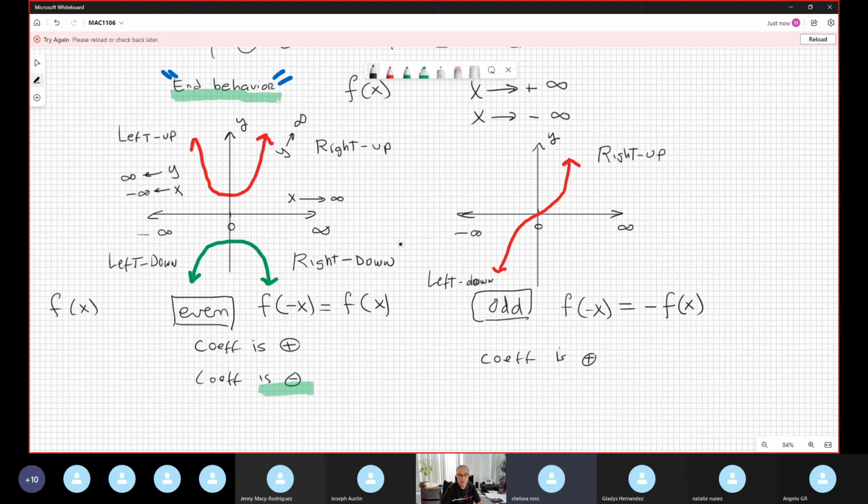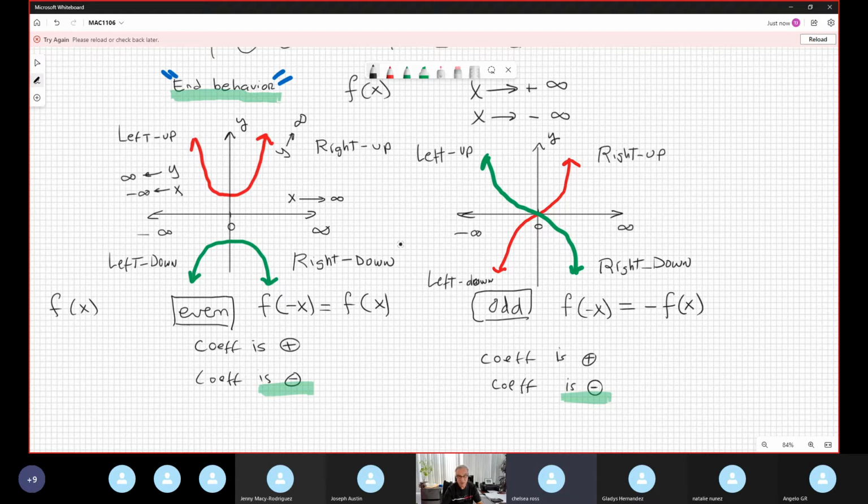However, if the coefficient is negative, the behavior is different. It's like that. So it's right down and left up. It's a compound word. It contains two pieces, right down and left up.